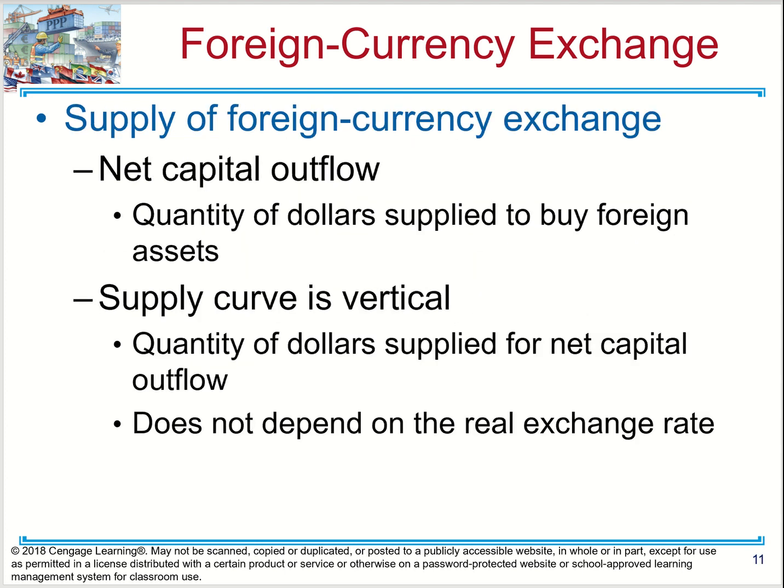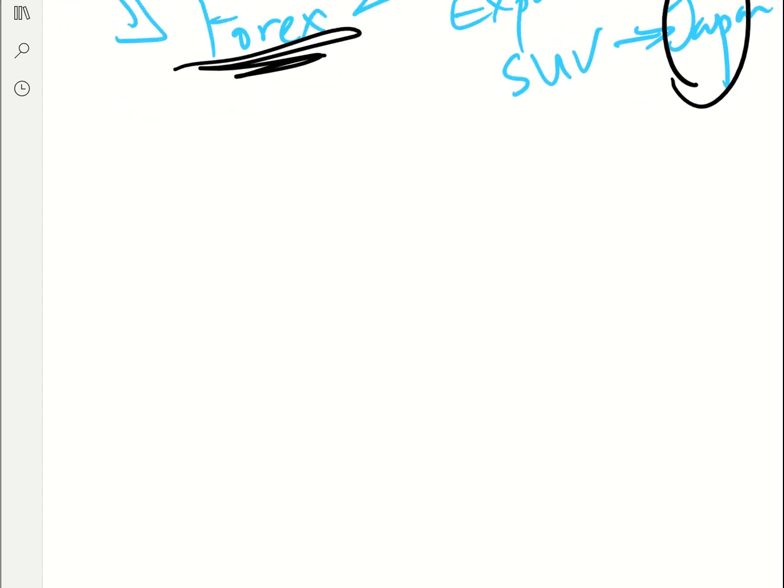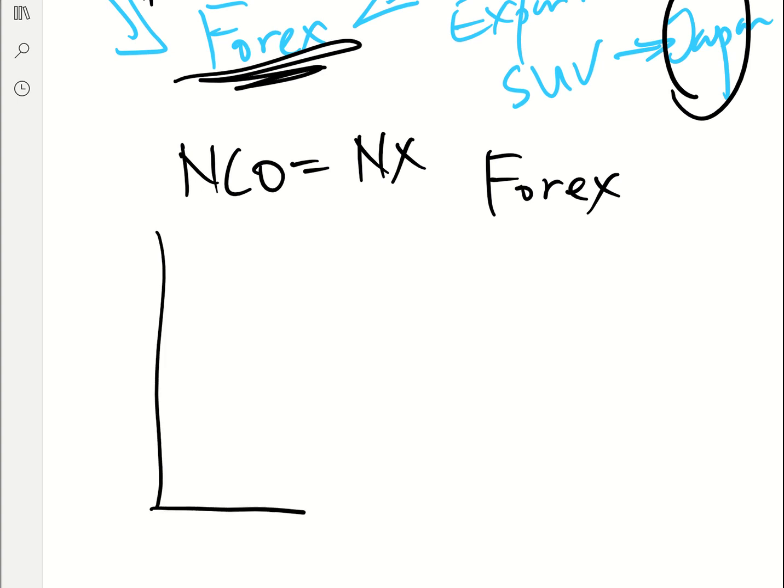All right, so whenever we graph this, we draw the line NCO equals net export. Whenever we draw the graph for the Forex market, the supply curve is NCO. Now on the vertical axis, it's not a real interest rate. It's not a price level. This is called a real exchange rate.